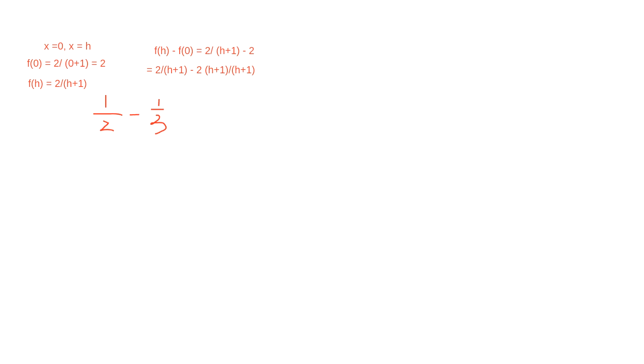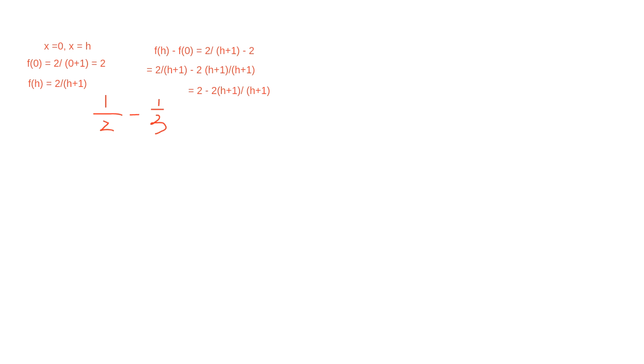So same thing. Here, we manufactured a common denominator. So now we can subtract the numerators. The numerator, we have 2 minus 2 times h plus 1. The denominator is still the same, h plus 1. Make sense?